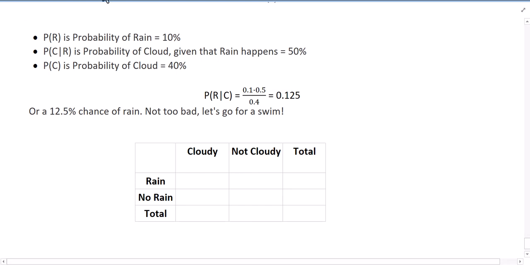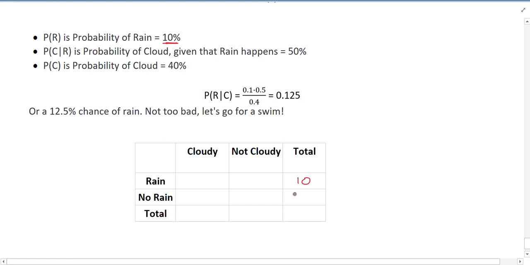Let's look at what we have, right? I know that the probability of rain on its own is 10%. That is the entire probability of rain. So this is rain, and the probability of rain is 10%. I guess we could leave it as decimals, or as percentages, so 10%.